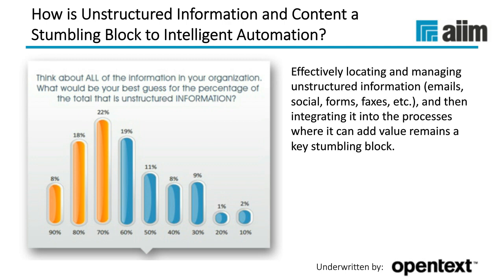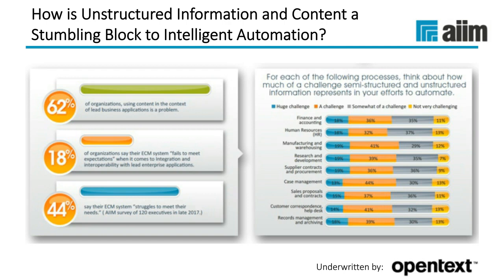And so when you look a little bit further into this, and you look at some of the data associated with this, on the left-hand side, what you have are some data points from a survey from last year that basically look at the question of, okay, content management has done a great job of automating particular processes, but how well has it done at the question that we're talking about today, which is integrating content capabilities within other business processes, within lead business processes, line of business processes.